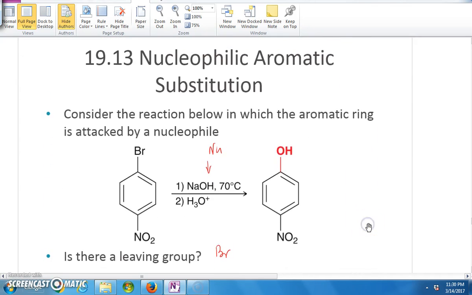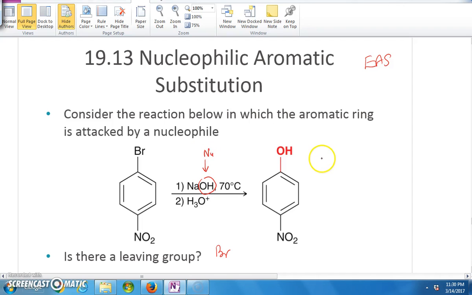Now let's talk about nucleophilic aromatic substitution reactions. Contrary to the electrophilic aromatic substitution reactions, the nucleophilic aromatic substitution reactions involve the substitution of a nucleophile. You substitute a bromine by a nucleophile. The nucleophile here is the OH group, the hydroxyl.